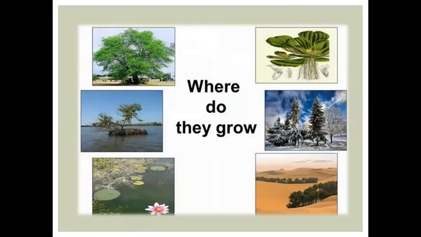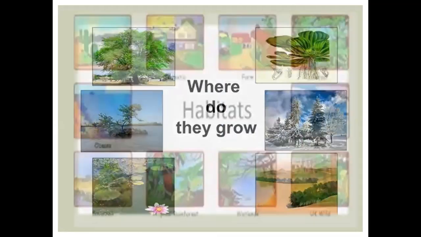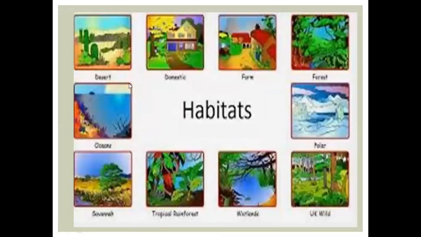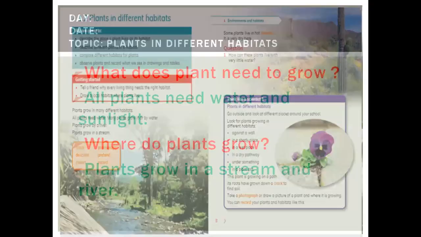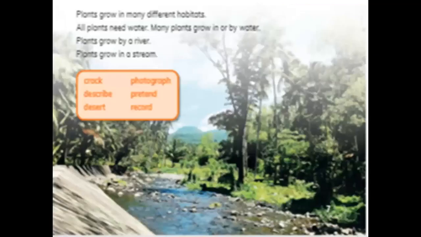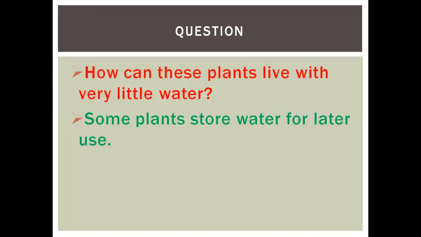We have discussed in our previous class that we have different habitats for the plants: desert, domestic, farm, forest, polar, UK wild, tropical rainforest, savanna, oceans. Here the plants are growing differently. We have discussed some of the questions.